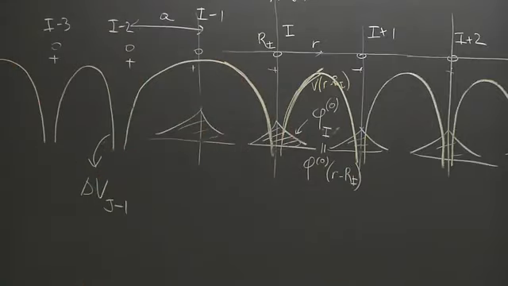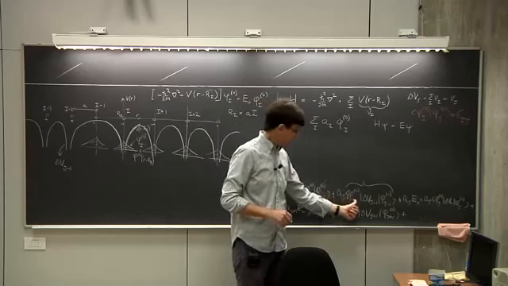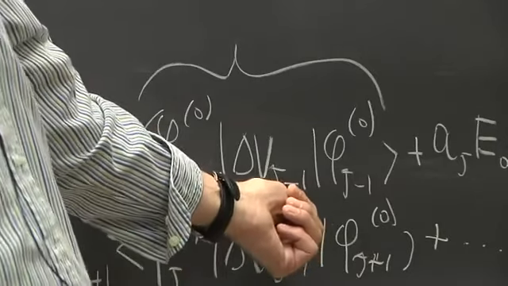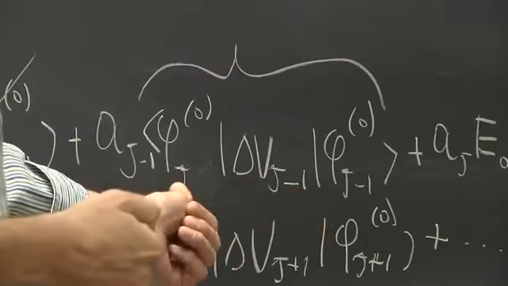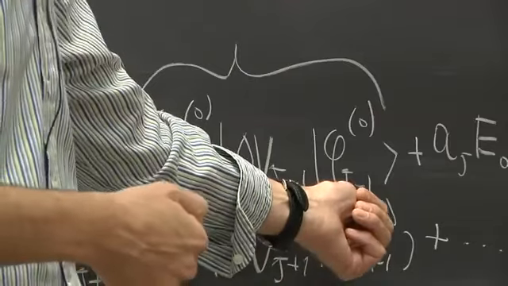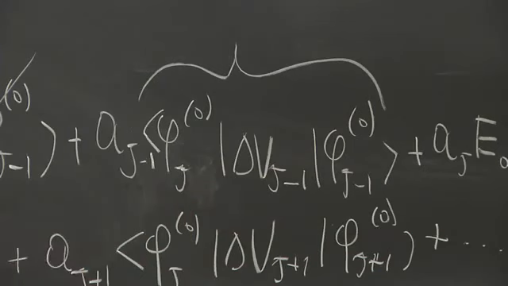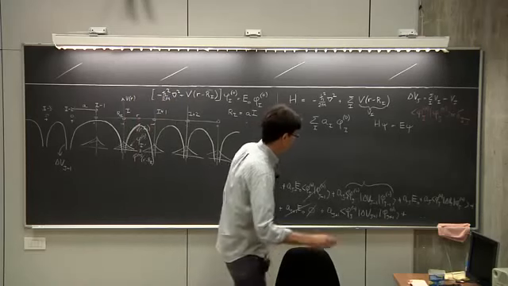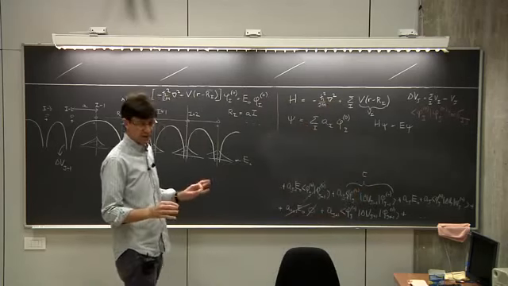Okay. You might remember that this is in last time, when we only had two sides. If this was 1, delta V1 is actually 2, because it's the total potential minus 1, so it's V2. So this is phi 1, V2, phi 2. We gave it a name to this, right? We called it T, hopping. Let me call it T for the time being. Let me use the same name.